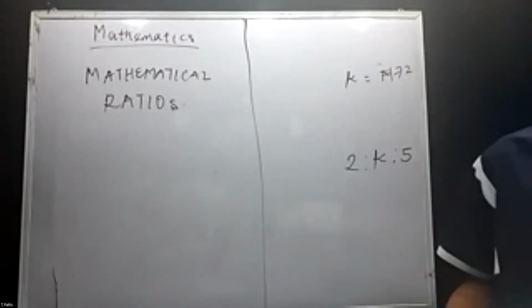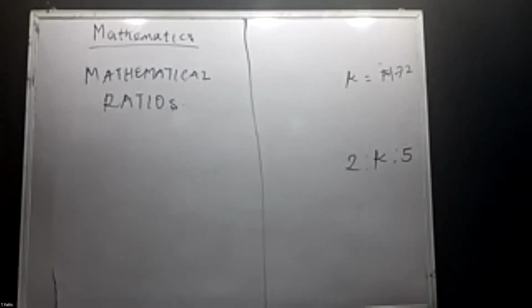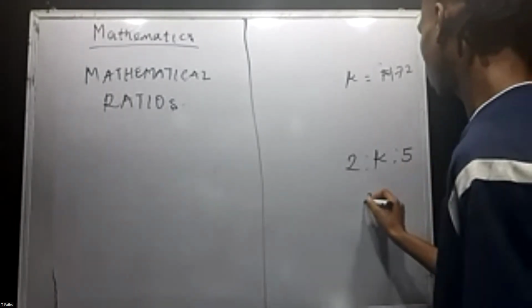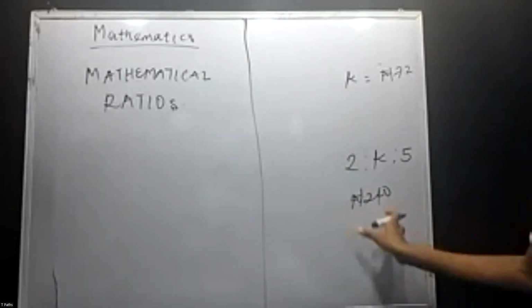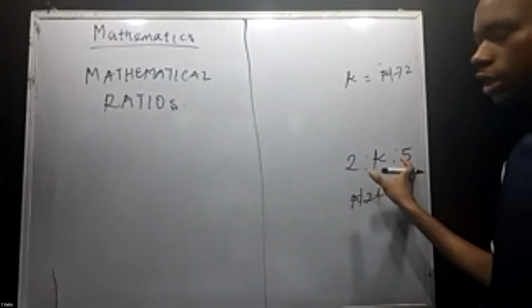What this question is asking here is the relationship between the values the 3 boys collected, each of these. 214 naira is the amount they are to share, and this is the ratio they are sharing it.